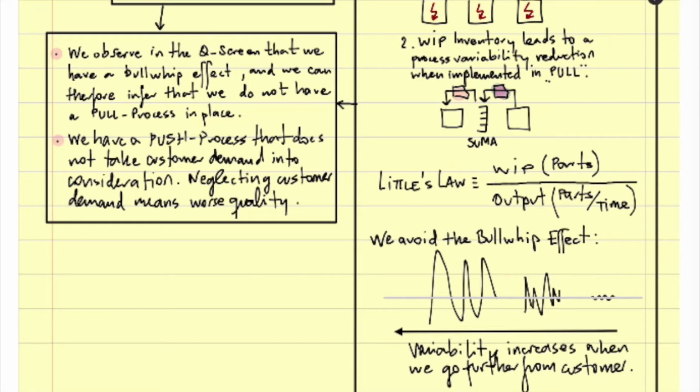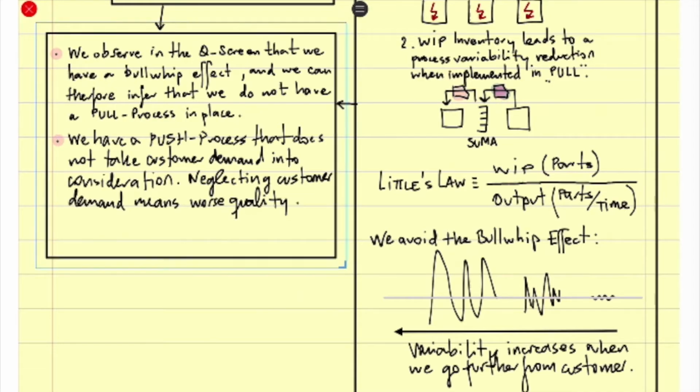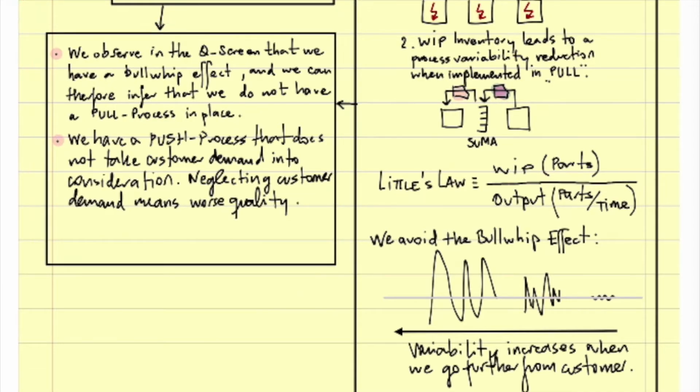Why we get less quality if we lose sight of the customer demand. Somebody online? No? Okay, the reason why is because of, again, the quality feedback loops.